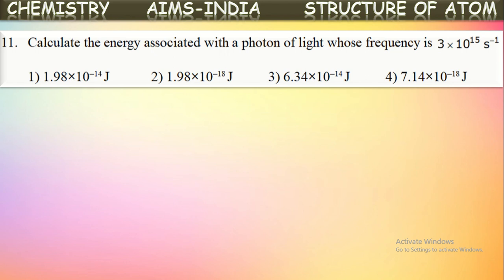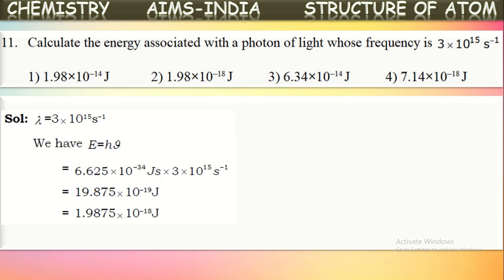Frequency is given and we are asked to calculate energy. What relation between these two do we have? We know energy is equal to h nu. E is equal to h nu. We have that formula. Let us see the solution so that we can understand.